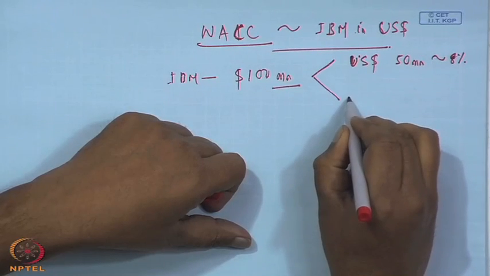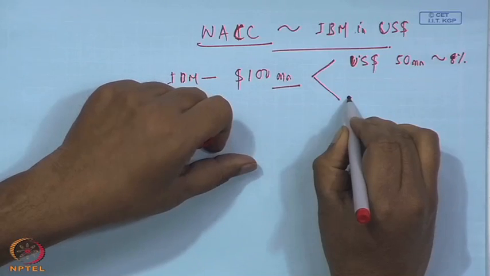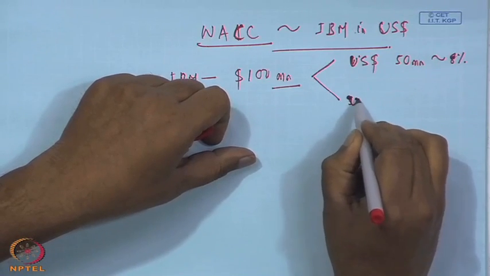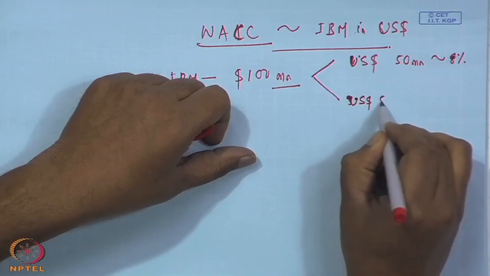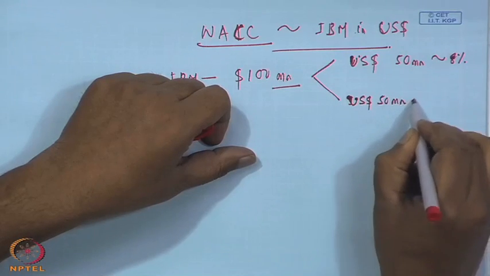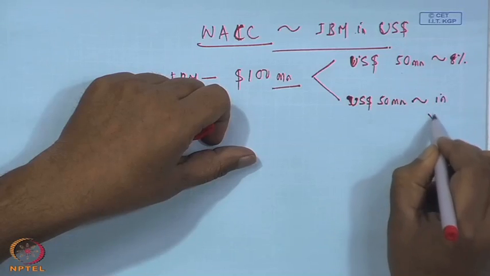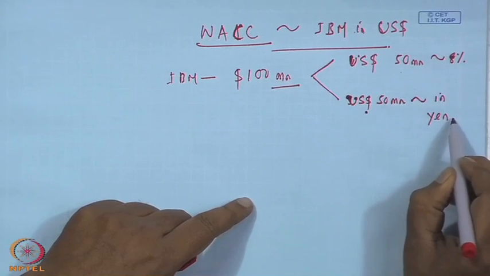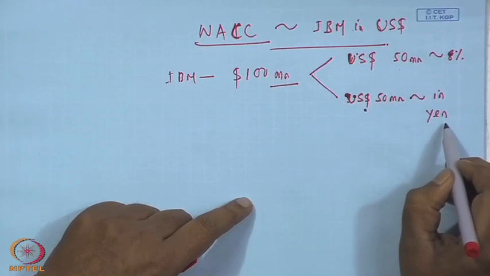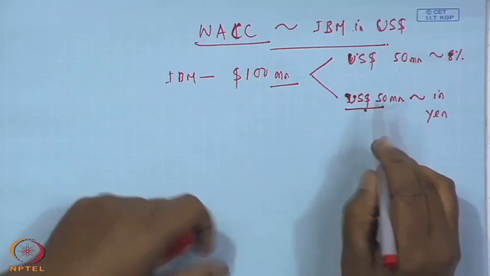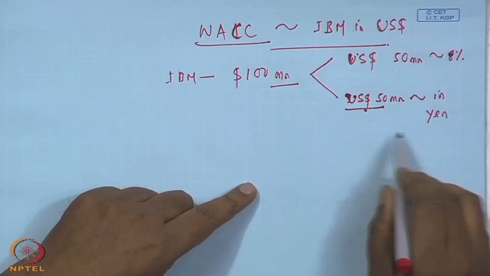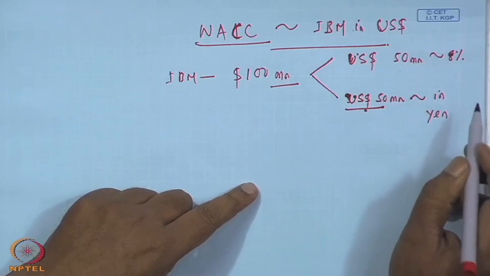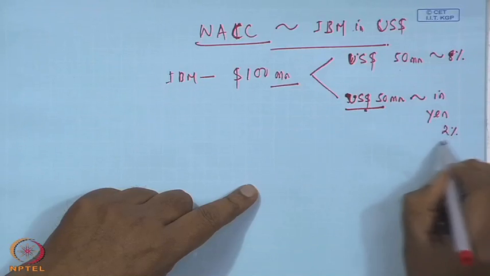The other part is 50 million US dollar in amount, but it is yen denominated, so the company pays the cost in yen, that is Japanese yen debt at 2%.